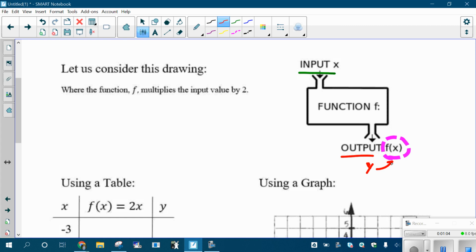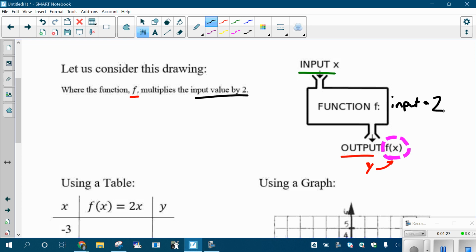Okay? So if you want to think about a function, f, which multiplies the input value by 2, you might think about this function f, and you might say, what does it do? Well, it takes the input and it multiplies it by 2. And then you get your output.